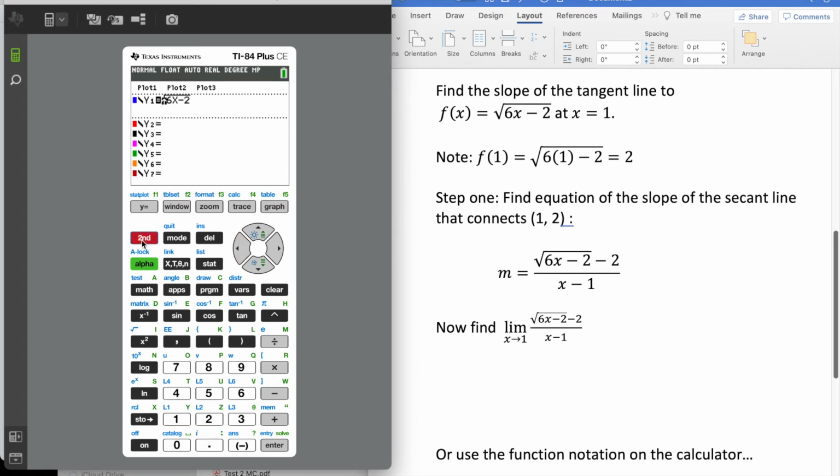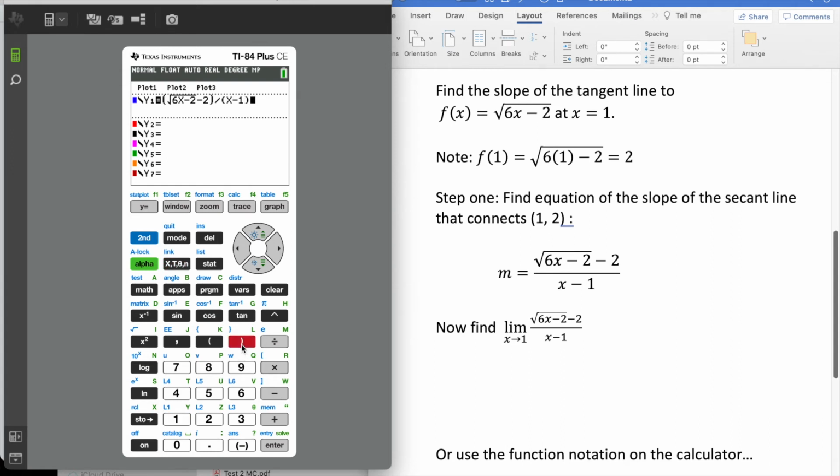I forgot to put the parentheses, so I'm going to say second del. That gives me insert, which allows me to put in something. Because we have a fraction here, I have to make sure I put my parentheses in, minus 2 and parentheses, divided by, start my parentheses, x minus 1. That's the equation I'm looking to take the limit of.